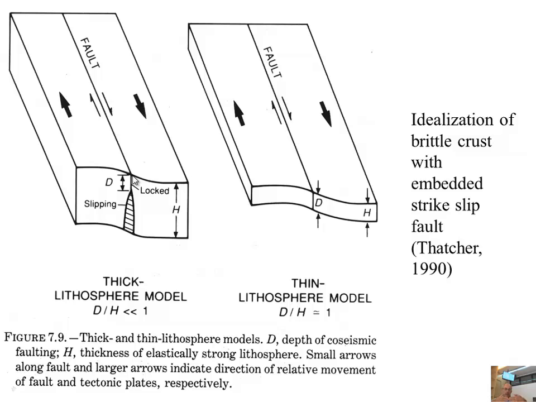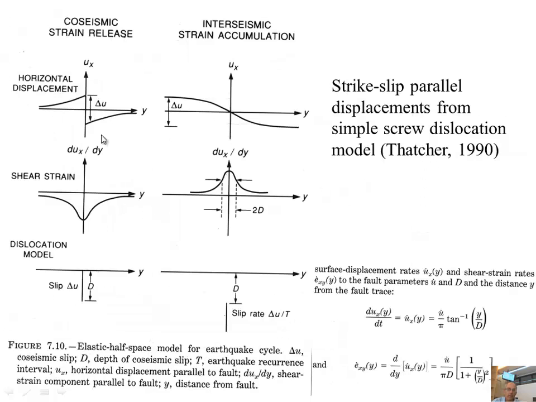And that snap is when this part D slips. That part is called the co-seismic part, and that's this one here. So same thing, distance from the fault is the Y, but then delta U is the co-seismic slip at the fault surface, and it decreases going away from the fault.